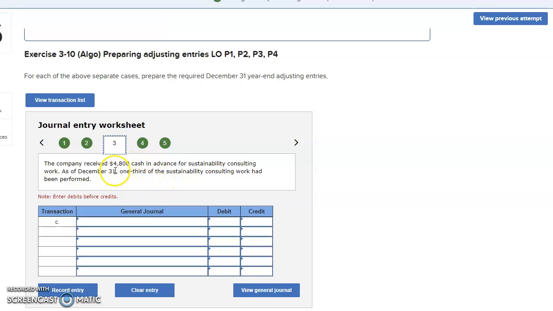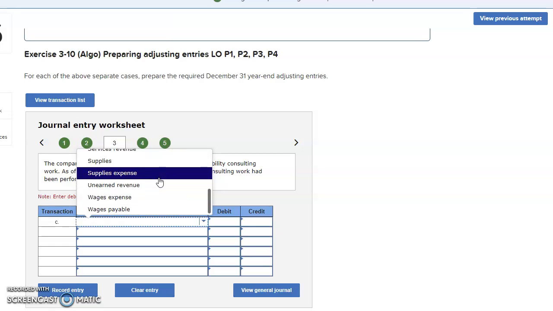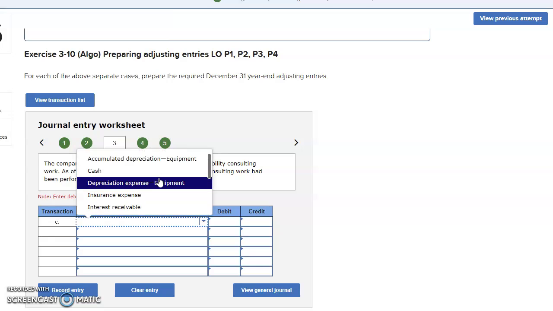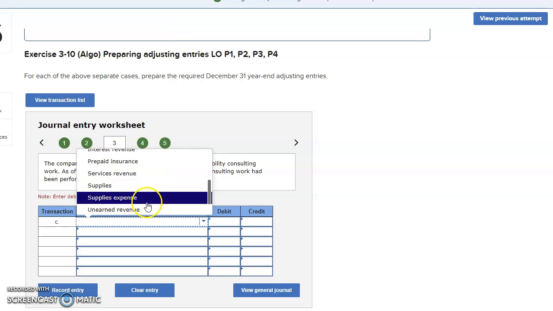So what we have to do on this one is divide the $4,800 by 3, and that will give you the amount for the consulting work done. So we have the unearned revenue, right here.